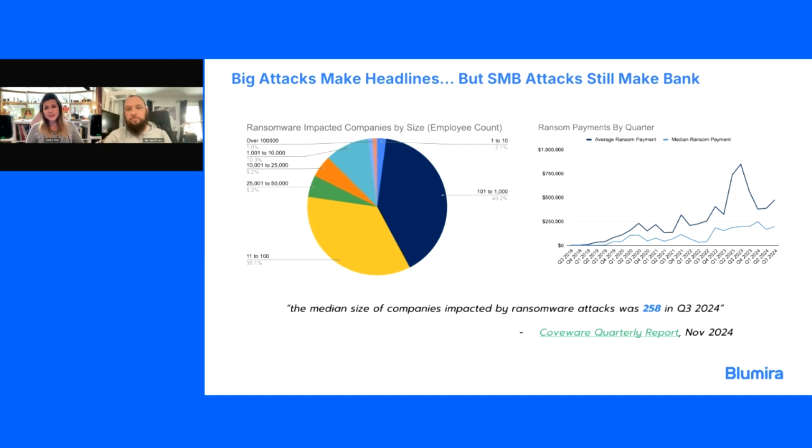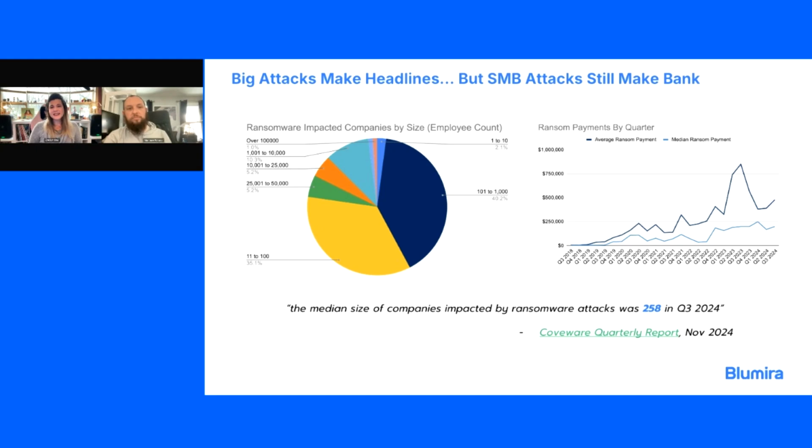However, as we start to see the average size of organization being targeted grow, the median size is going up. And with that, the ransoms that are being successfully extracted are going up as well because those larger organizations are able to have a little bit more squeezed out of them.